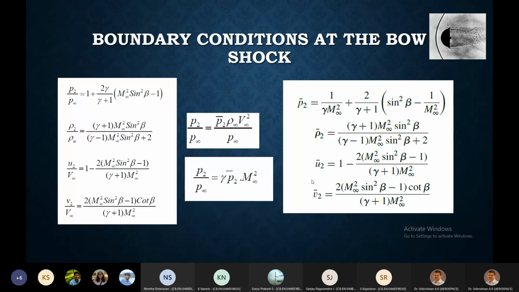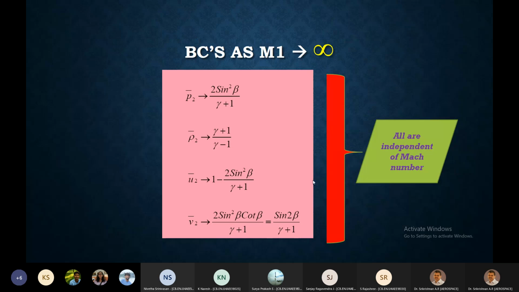So the boundary conditions pertain to the conditions just downstream of the shock and on the surface of the body, because they are the boundaries of the domain. Now we saw that we can non-dimensionalize the conditions. That is, we can express pressure ratios, density ratios, velocity ratios using the shock relations. And also on the body, we saw that the velocity components, etc., can be non-dimensionalized appropriately.